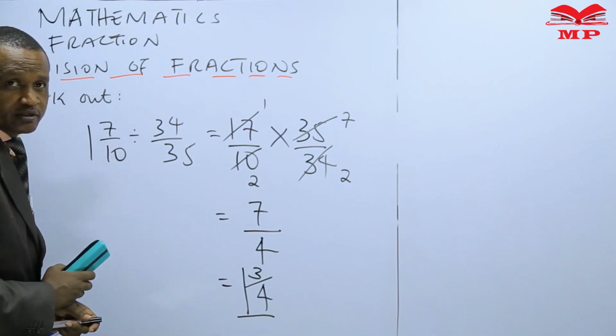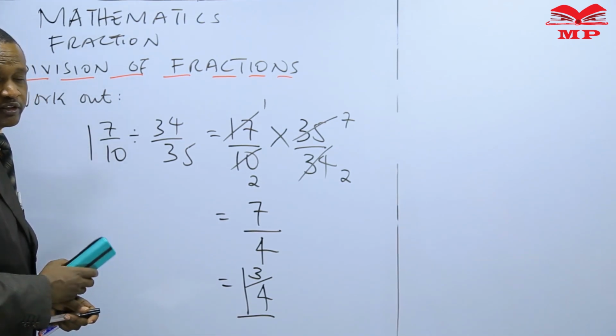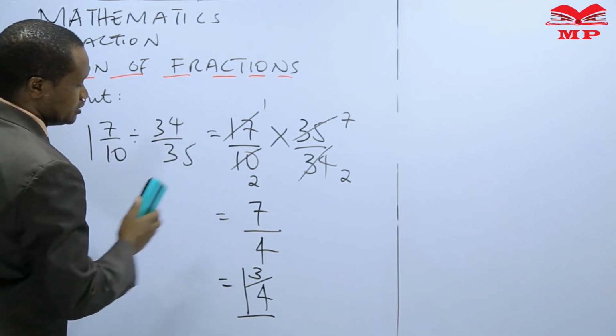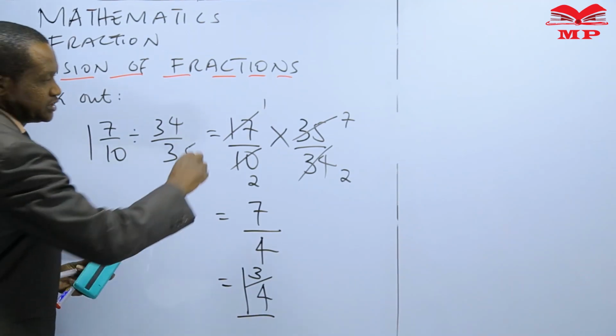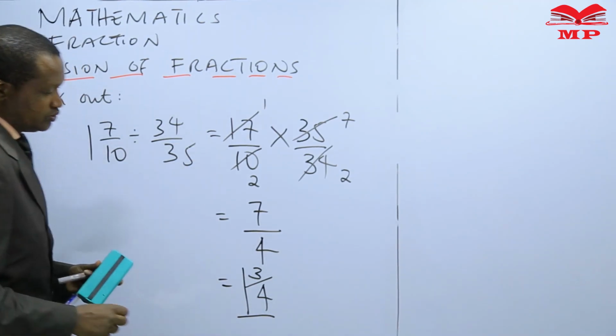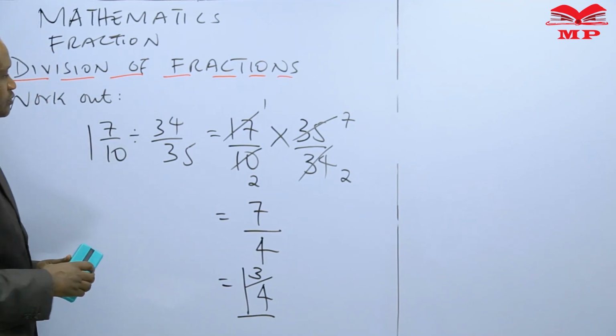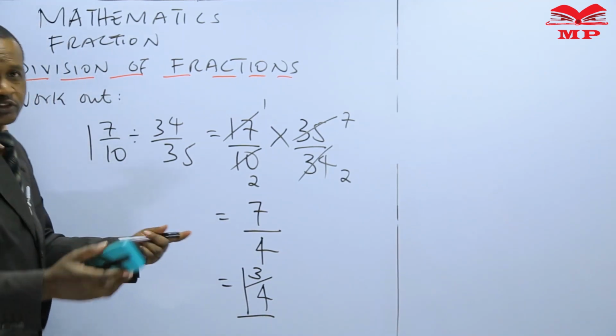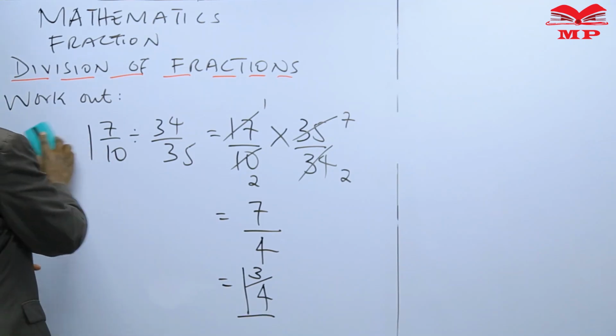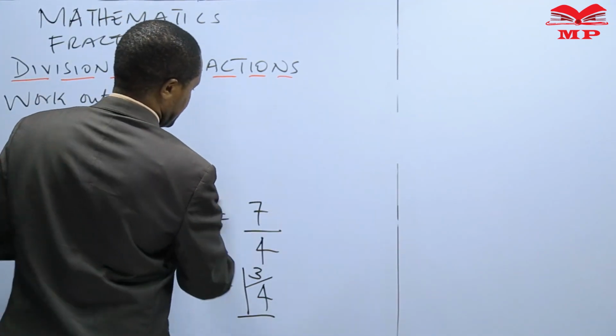Are you following? You must be following. Make sure you follow what we are doing. As we are cancelling, make sure you are also writing down. If you have any question, ask the question. Right? Now that there is no question that has been asked, we move on to the next example.